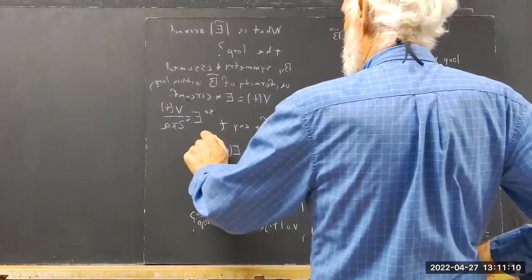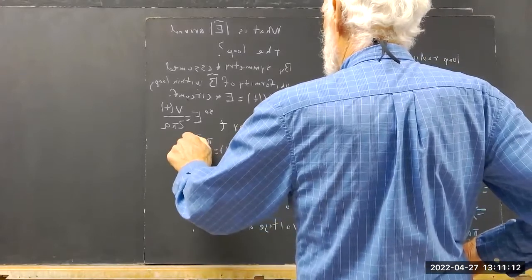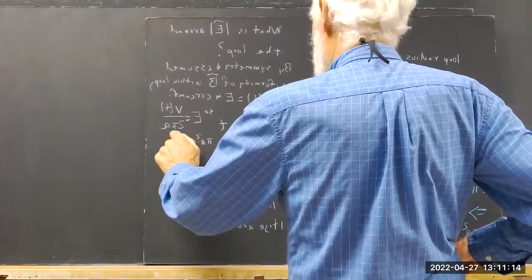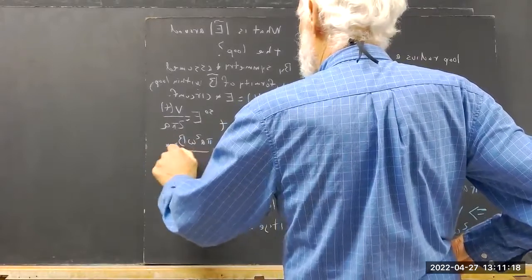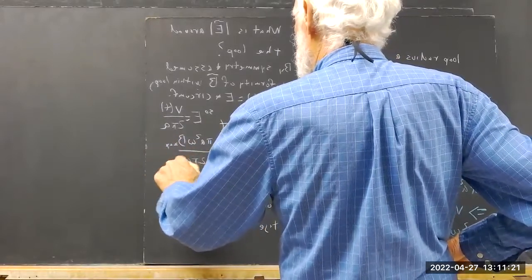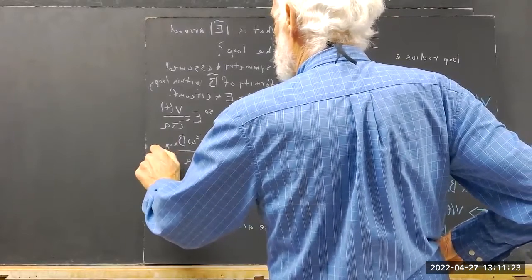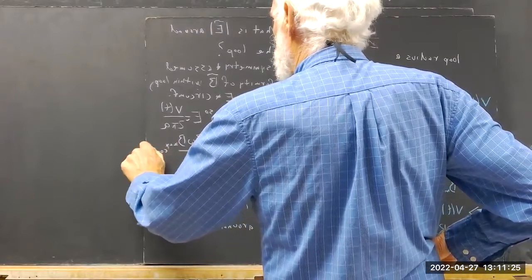It's then pi a squared omega V max over 2 pi a times your cosine of omega t.